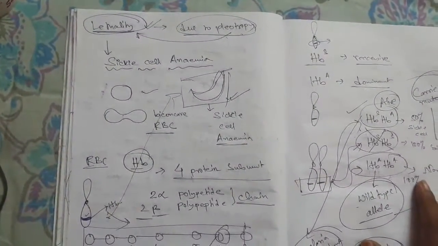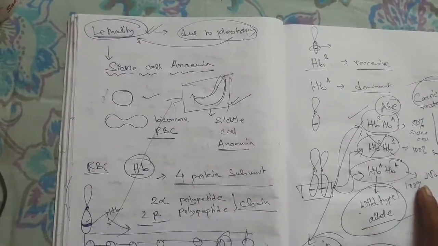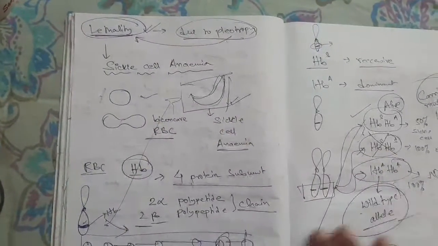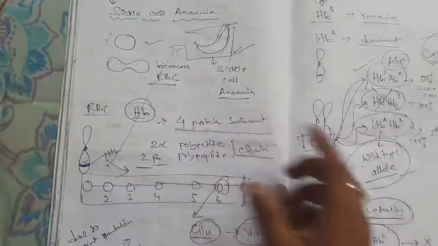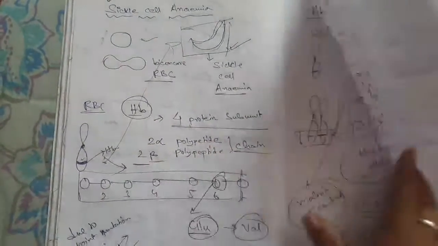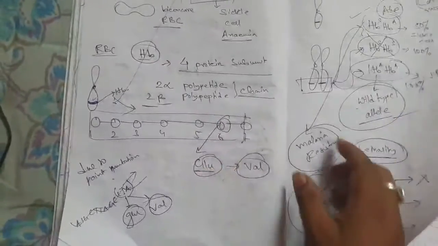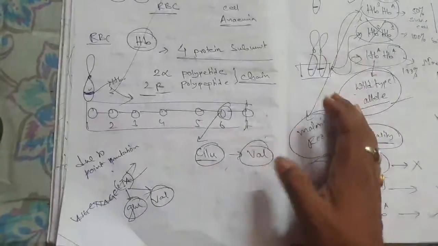For example, sickle cell anemia. Okay, in sickle cell anemia, what is happening is that your normal RBC becomes sickle shaped. The hemoglobin is made of 4 protein subunits, 2 alpha polypeptides and 2 beta polypeptides. In the 6th position, the glutamic acid of the beta polypeptide gets replaced by valine.